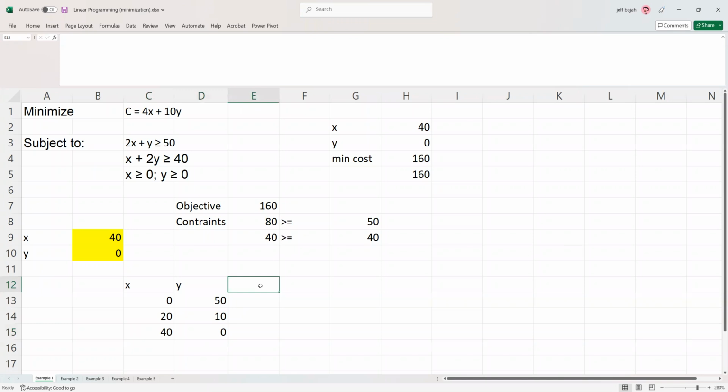Now, let's see which combination, because these are the three combinations that we have, right? And remember, the goal is to minimize our cost. So we want to get the lowest cost possible. Let's try each of them. So let's try the first one. I'm going to make it easy for us. Because this says 4 times x and 10, right? I'm just going to go here and just write 4. I'm going to write 10.